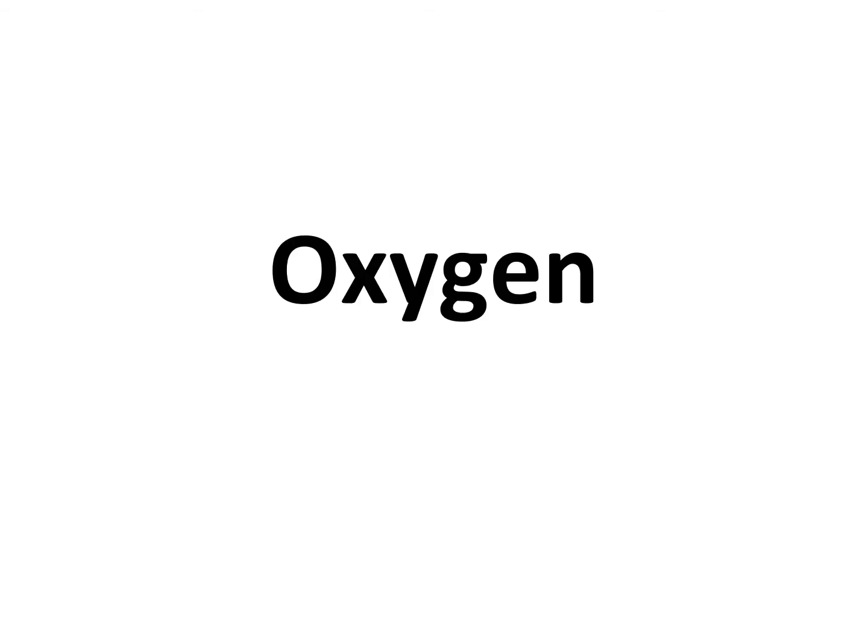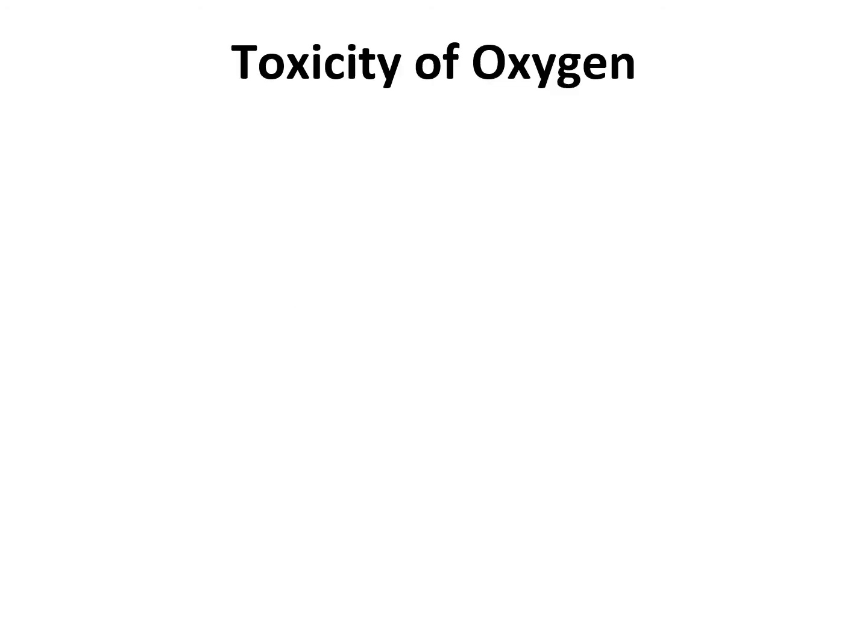In going over the chemical requirements for growth, you may have noticed that I missed one very important atom, and that is oxygen. And oxygen deserves its own place to talk about in terms of chemical requirements for growth, because the relationship between living things and oxygen is a little bit complicated, because in reality, oxygen is actually toxic to living cells.